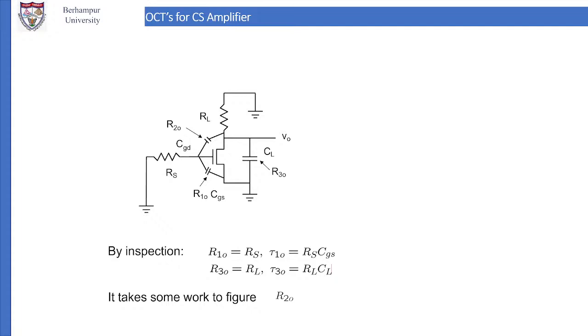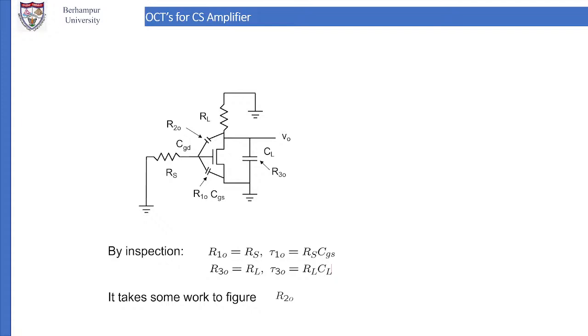You can see what CGD and CGS are, then R20, R10, R30. These values you can find out easily, just by inspection. You can say R10 is equal to Rs. Once you know R10, then tau 10 is equal to R10 into CGS, so tau 10 is equal to Rs into CGS.